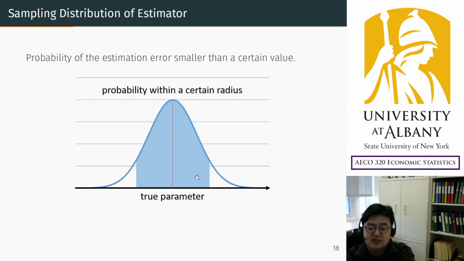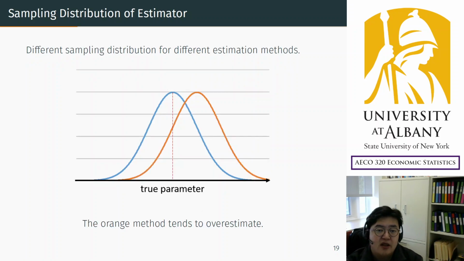So this is how we understand the sampling distribution. When you have a sampling distribution, you can think about the probability of estimation error, and a lot of things: overestimation, underestimation, and margin from the true parameter. What we are actually doing is comparing two distributions.